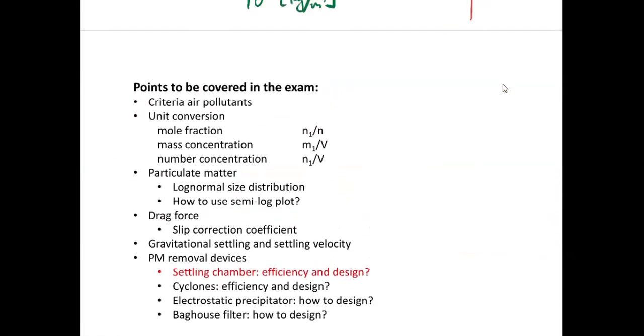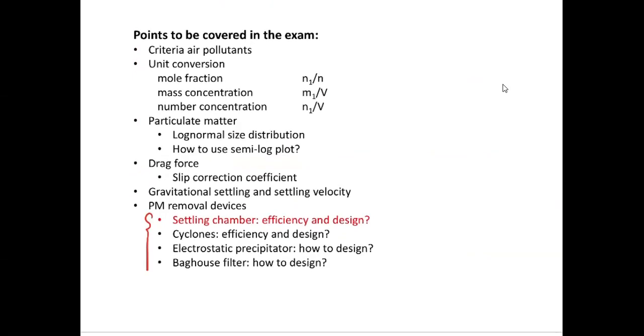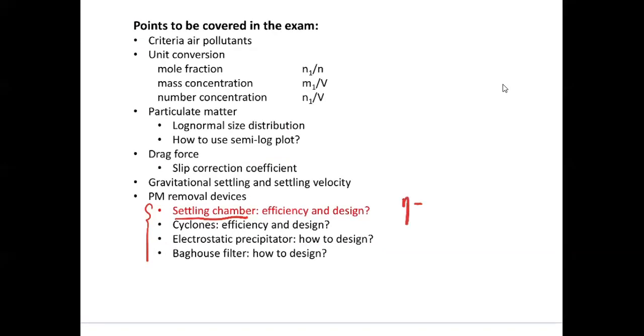After that, we talked about several types of these PM removal devices, right? The first thing we learned about is the settling chamber. It's basically using the same mechanism as the gravitational settling, right? We gave a few examples on how to calculate the efficiency. We mentioned that the efficiency is basically V times t divided by H, right?